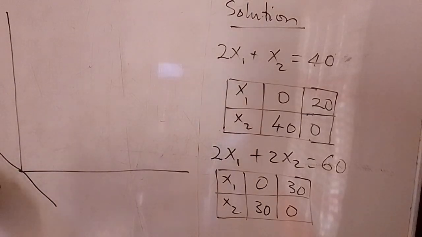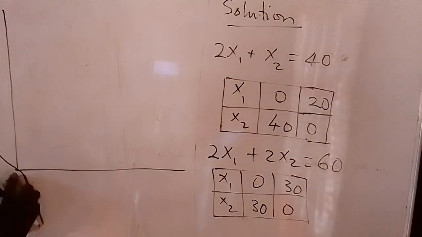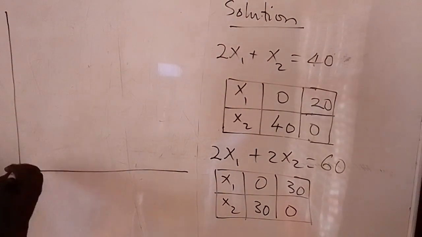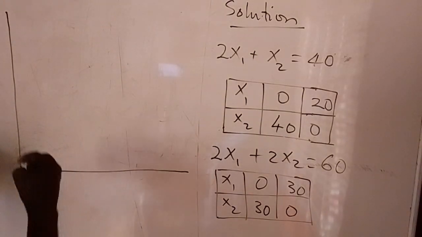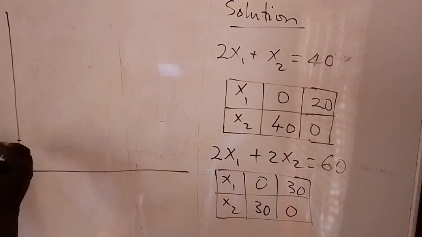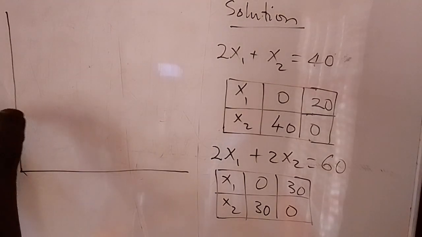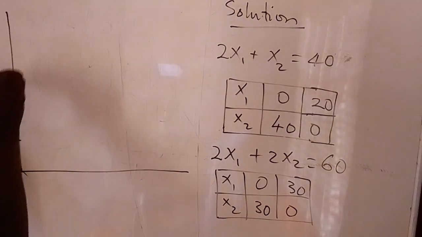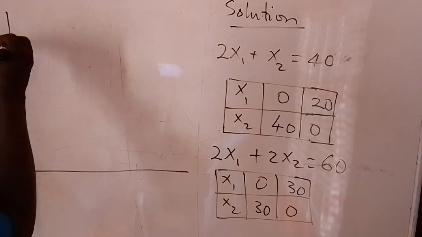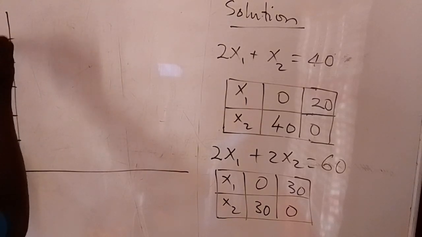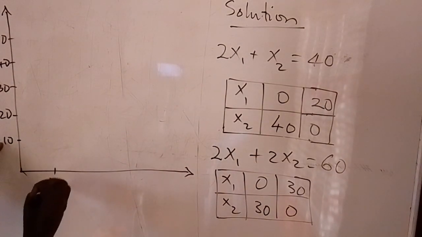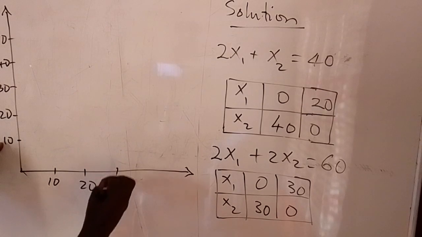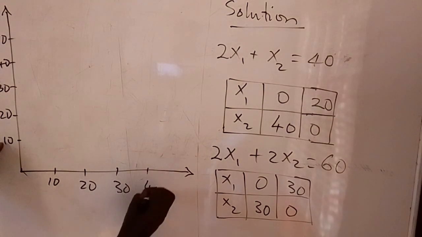On the x1 axis we have 10, 20, 30, 40, and 50, and on this side, we have 10, 20, 30, 40.